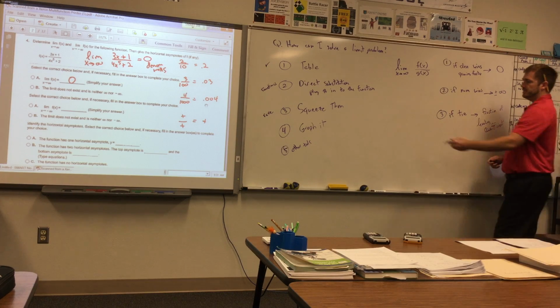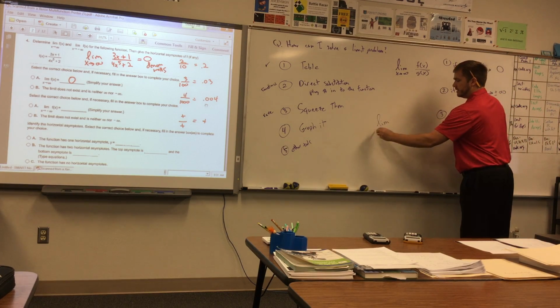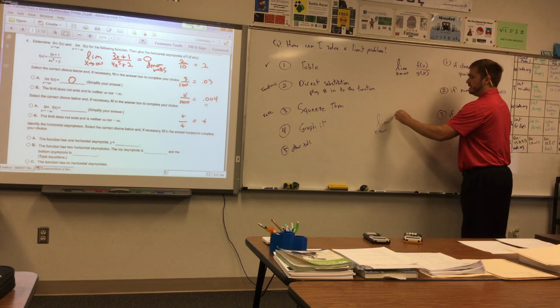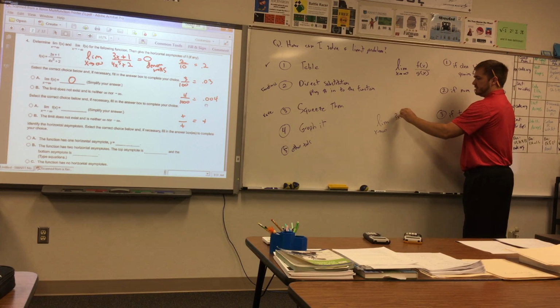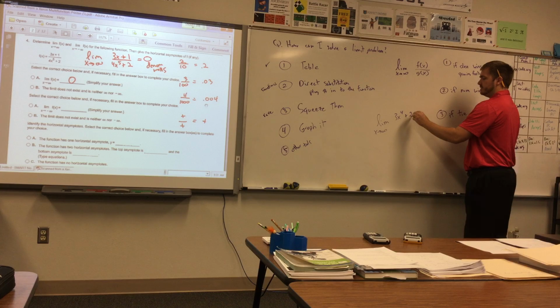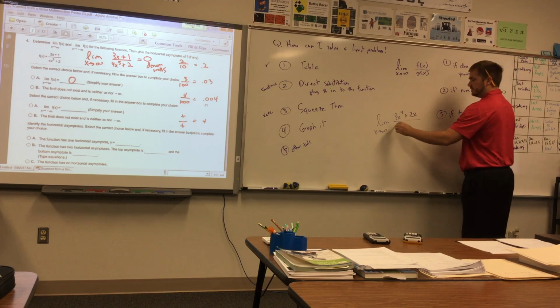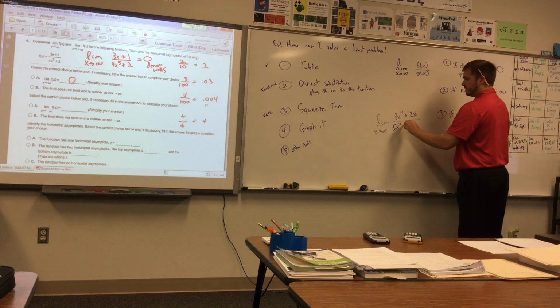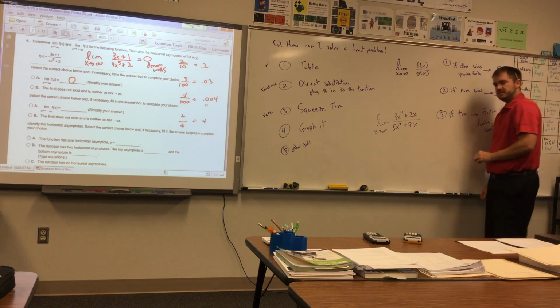An example of this might be the limit as x approaches infinity of 3x to the 4th plus 2x over 5x to the 4th plus 7x.